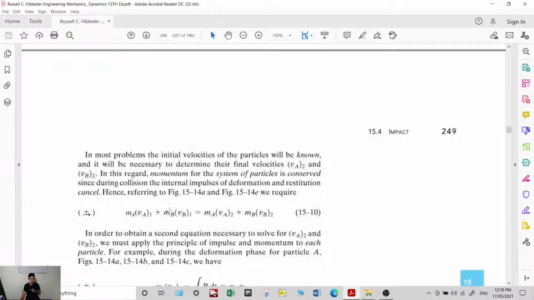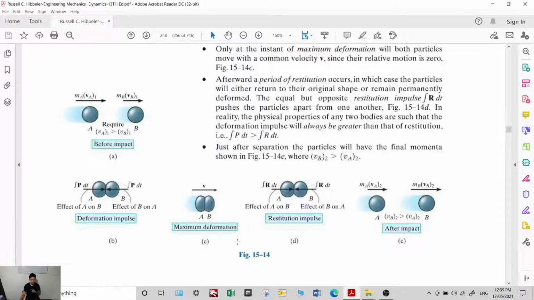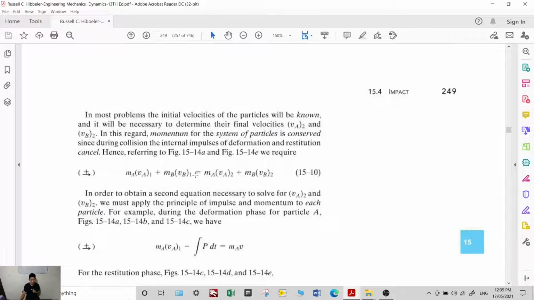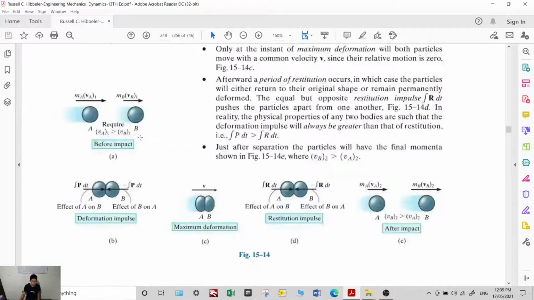So hence, referring to figure 14a, for A and B, we can apply conservation of momentum, since their impulses cancel out.